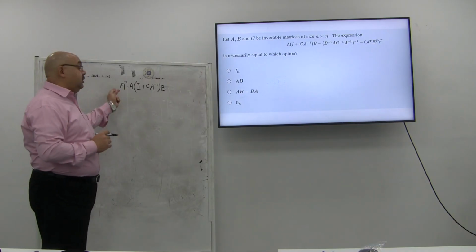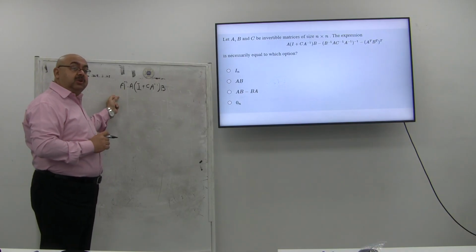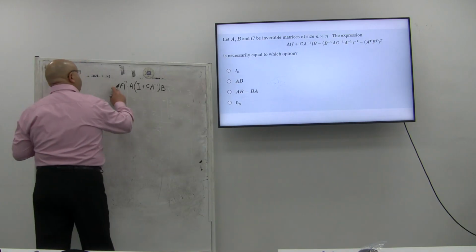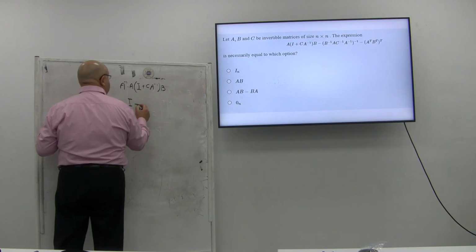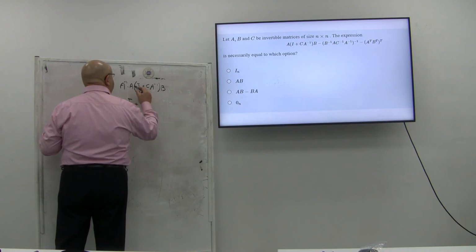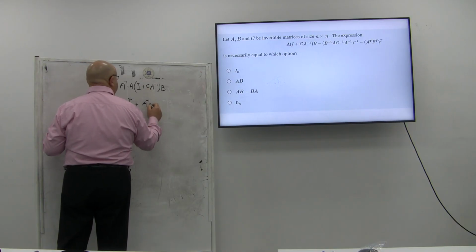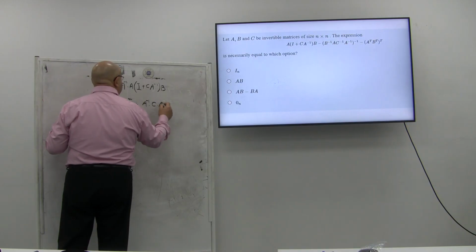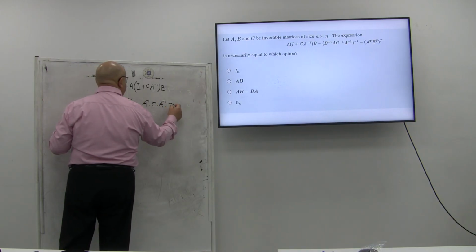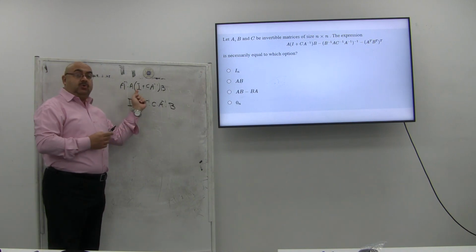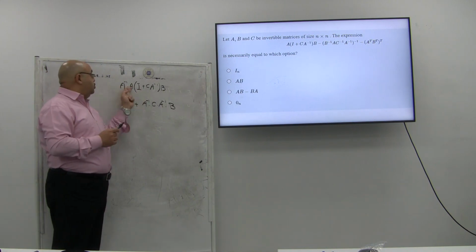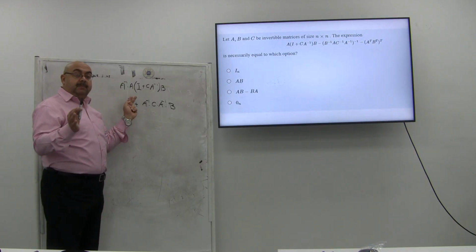But if you try to multiply by A inverse, what's going to happen, Mr. Omar? A inverse times A will remove this part. So you will have I, plus A inverse times C times A inverse times B. So multiplying just by A inverse, A inverse times A will disappear.